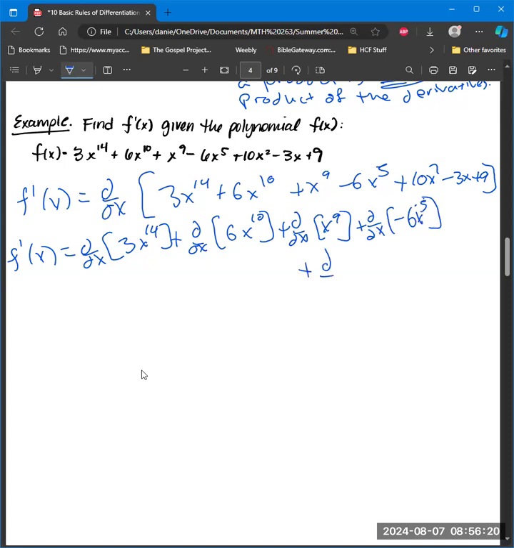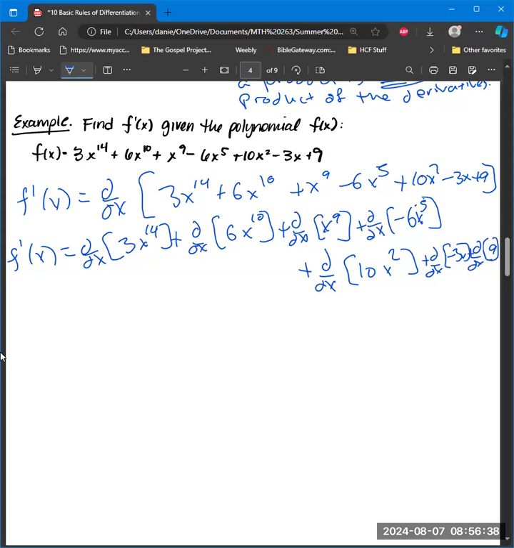Plus derivative with respect to x of 10x squared plus derivative with respect to x of negative 3x plus derivative with respect to x of 9.